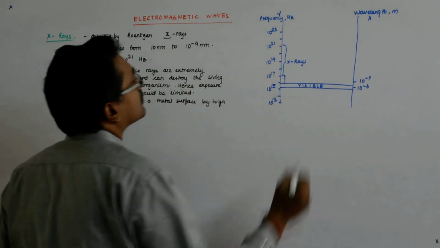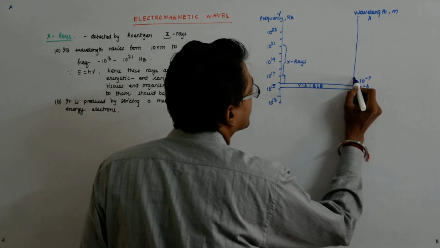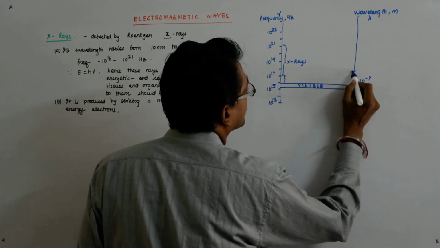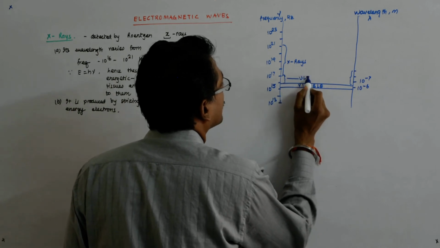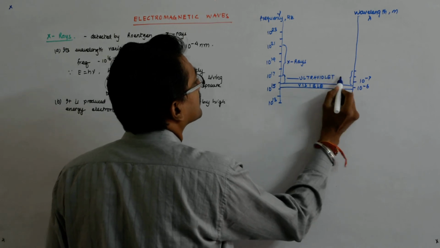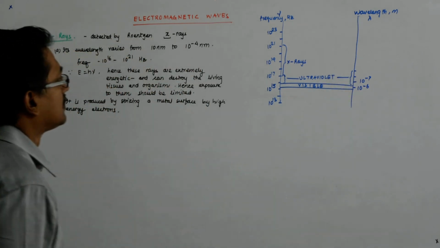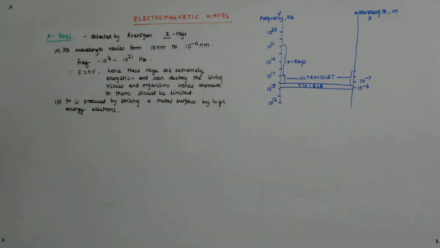This is nu. And this is the wavelength of ultraviolet. So we are talking about our X-rays.